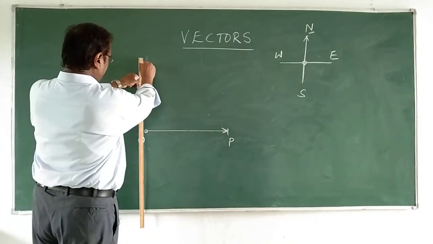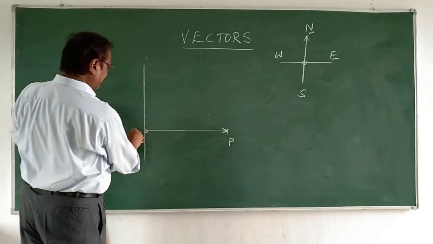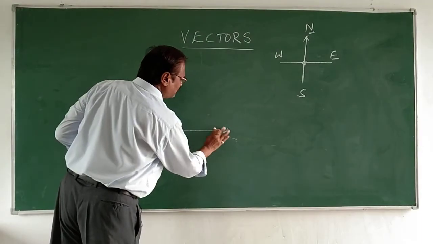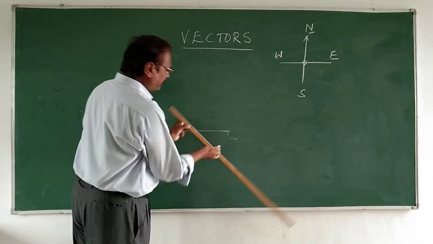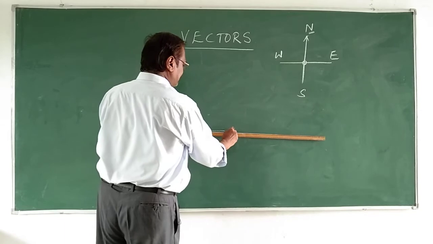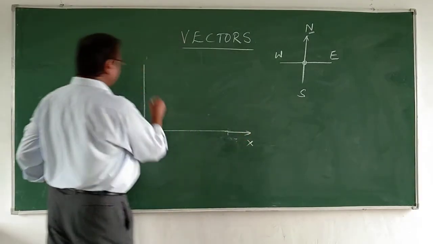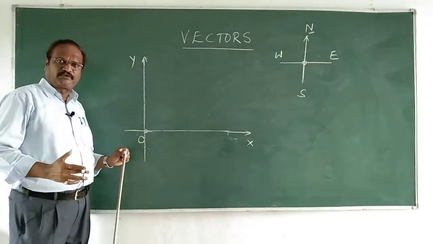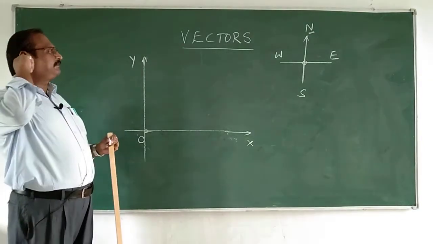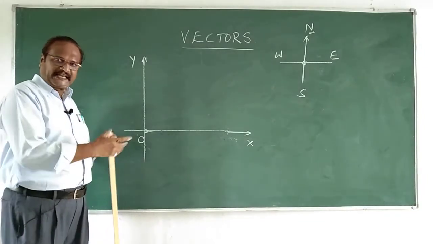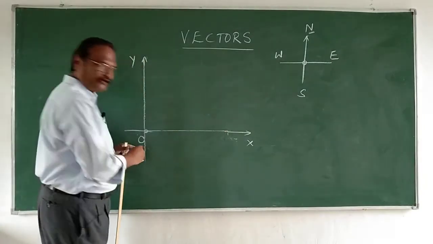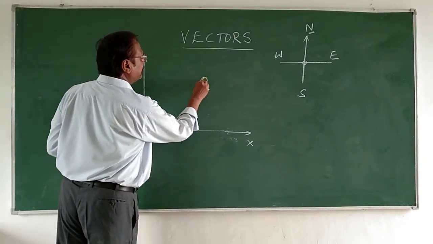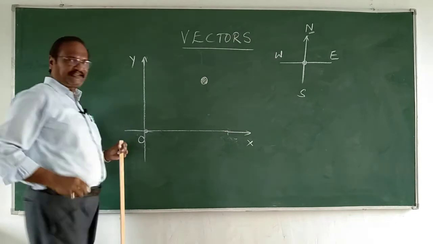Now I can take an x-axis and a y-axis, and this is lying on the x-axis, no problem. Suppose P is not lying on this axis, this is the x-axis, this is the y-axis, and I locate a body. Now imagine, for example, we are playing carom board. In carom board, this is the reference line, and I got the red coin at this point, let us say.